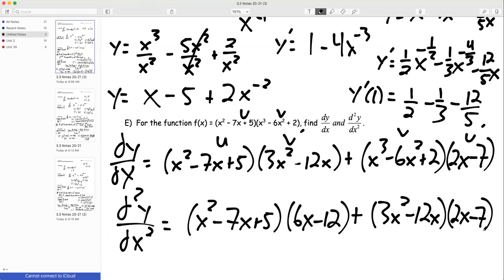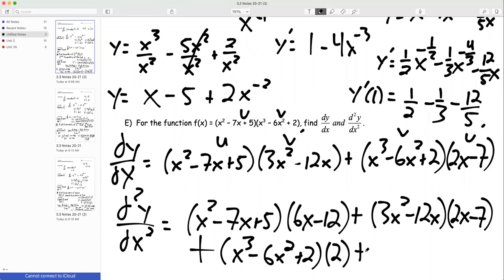But now I got to do the product rule again for these two. So I got a plus, and I'm going to do the product rule again. So I got x cubed minus 6x squared plus 2 times the derivative of 2x minus 7, which is 2, plus my second term, 2x minus 7, times the derivative of this, which is 3x squared minus 12x. I'm not going to simplify. Let's leave it.